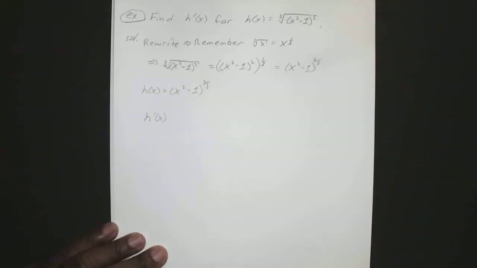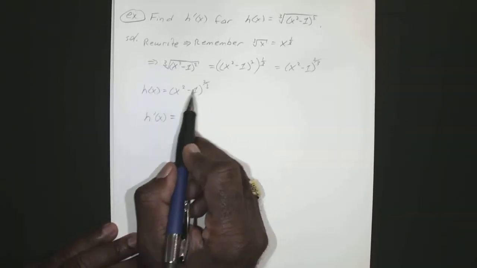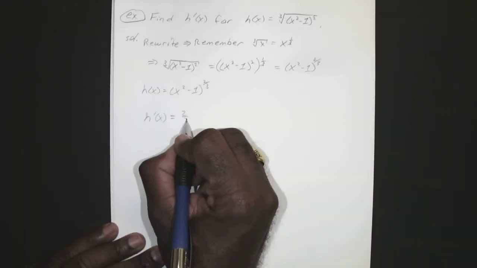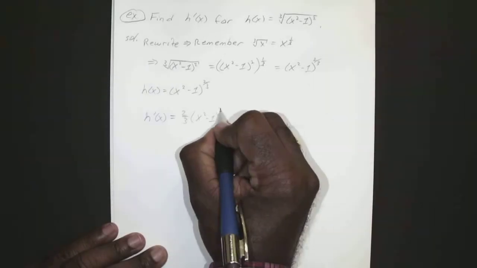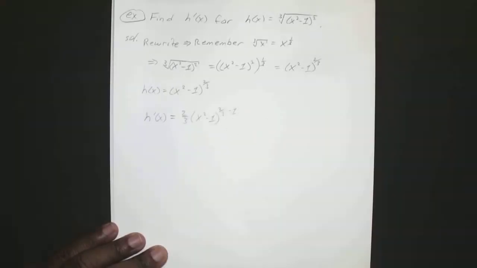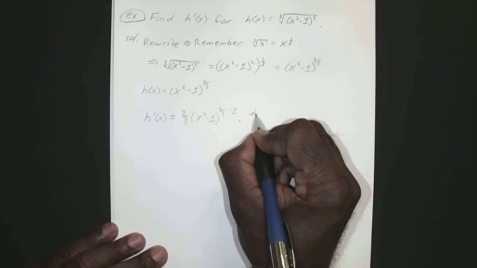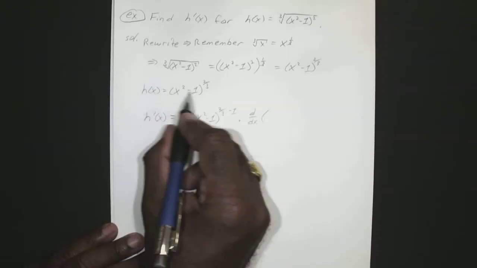Okay, so your h prime of x, you're going to bring your 2/3 down. x squared minus 1 to the 2/3 minus 1 times the derivative of what's inside.